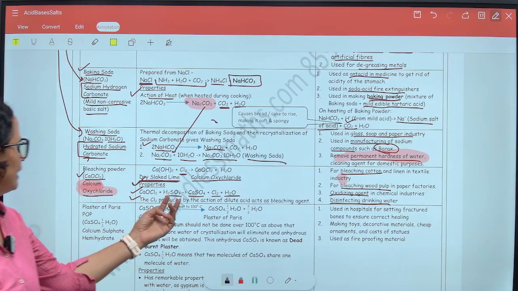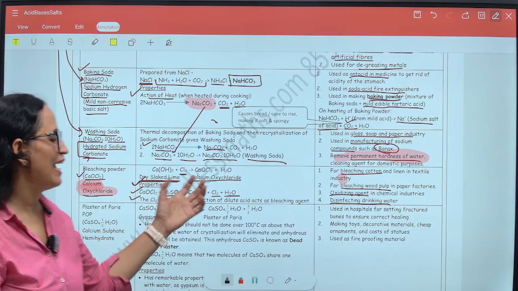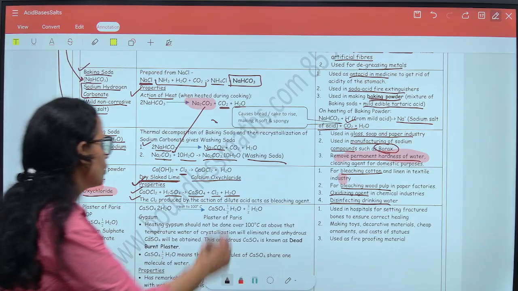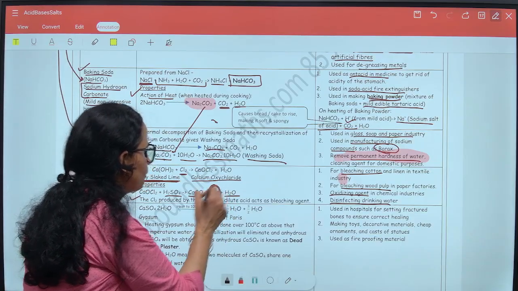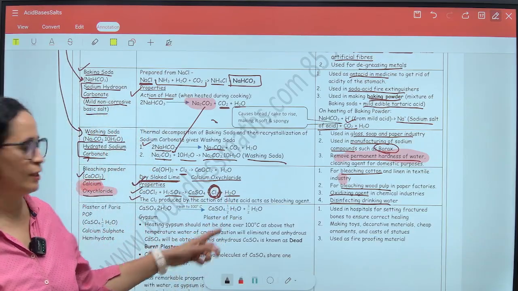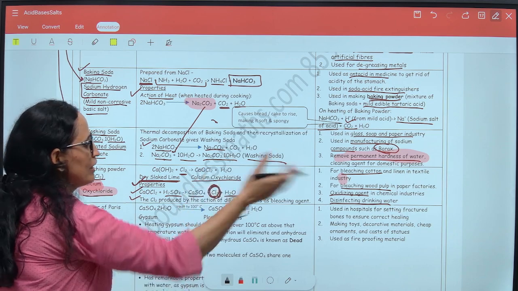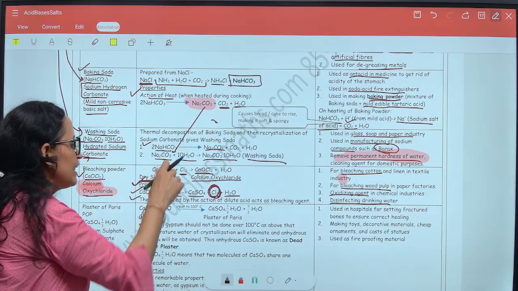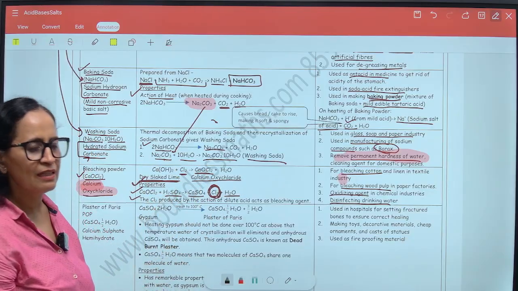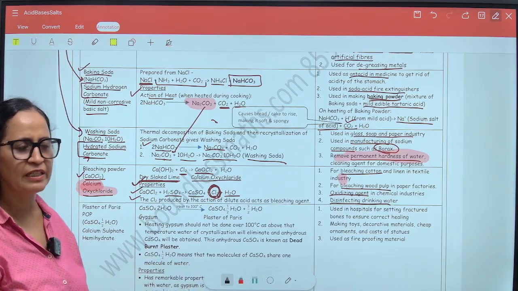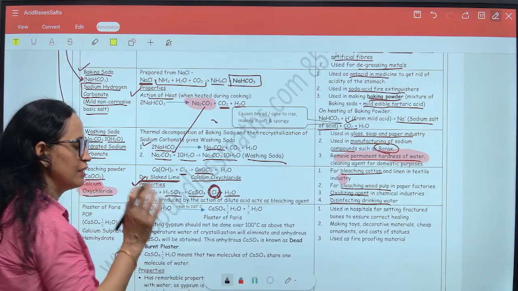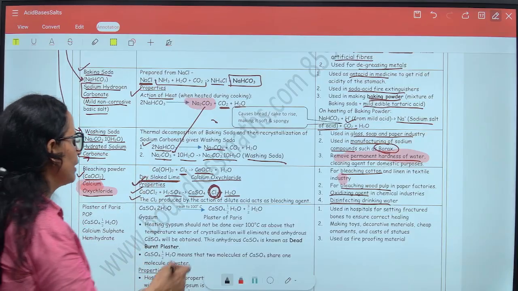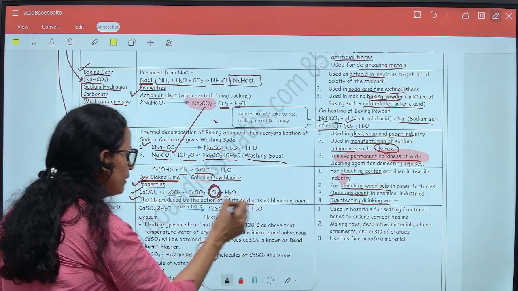Now this dilute acid with bleaching powder acts as a bleaching agent. What is actually causing the bleaching property of bleaching powder is chlorine. How is chlorine separated from the formula CaOCl2? By adding a dilute acid, very dilute acid. H2SO4 is not mild, it is a strong acid, but you use a very dilute acid here.